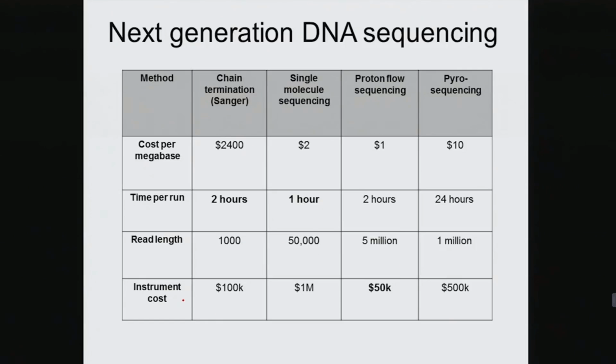You don't have 13 years to do your PhD to find out a particular DNA sequence. Some of these methodologies, if you look at Sanger sequencing, took 2 hours. Some take longer now. Reading length. Again, size was a big factor in being able to sequence DNA. Now we can work with up to 1 million base pairs, especially with the pure sequencing technique. And the cost of instrumentation is another factor when you want to sequence your DNA, in deciding what you're going to use.